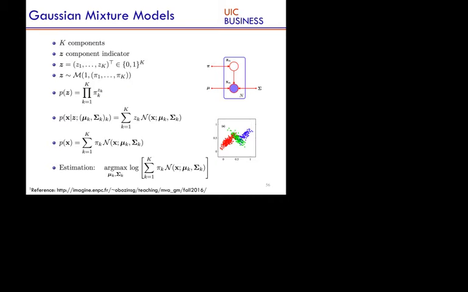Now, Gaussian mixture model defines the probability that x takes some value given a realization of z, as the sum, okay.